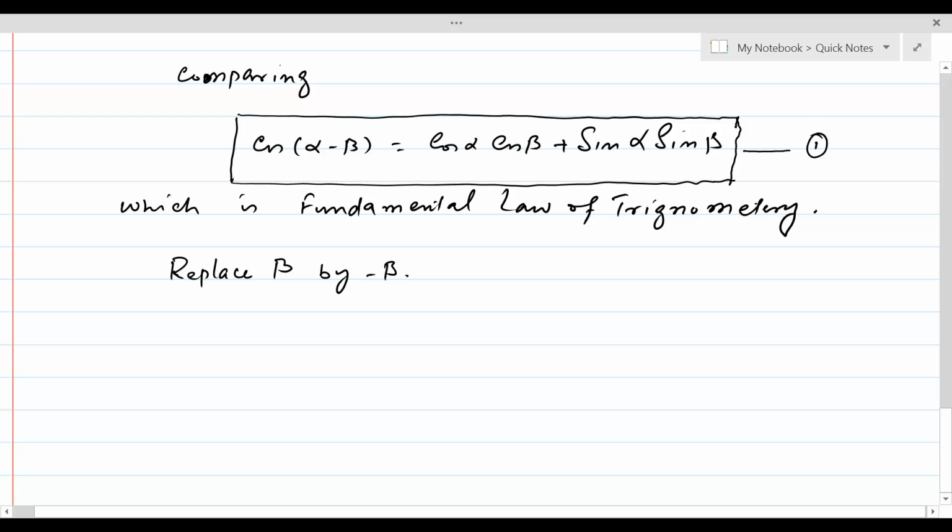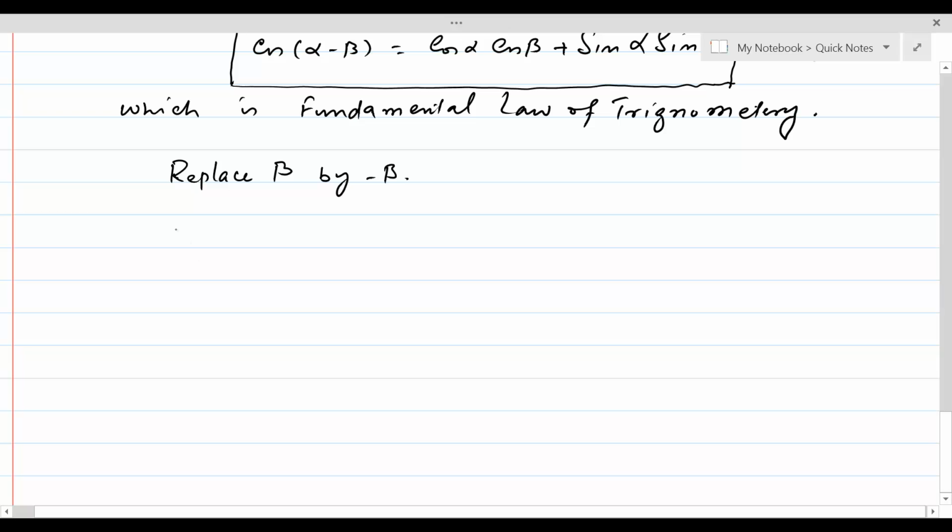So if that is the case, then cos of alpha minus, instead of beta, this time we will have minus beta, equal to cos alpha cos of minus beta plus sine alpha and sine of minus beta.